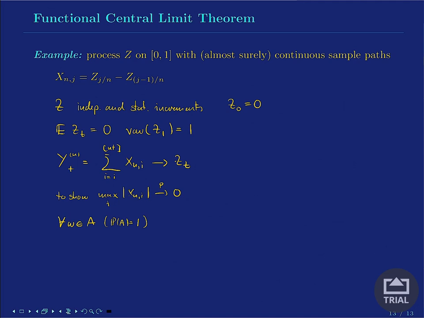So let A be the set for which we have continuous sample paths, so the complement will be a null set.